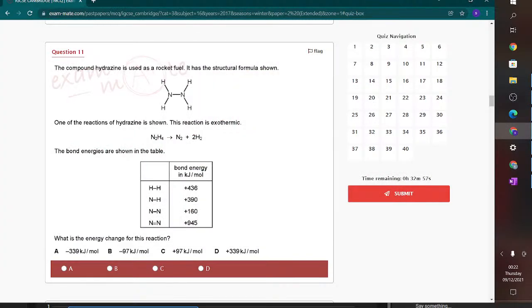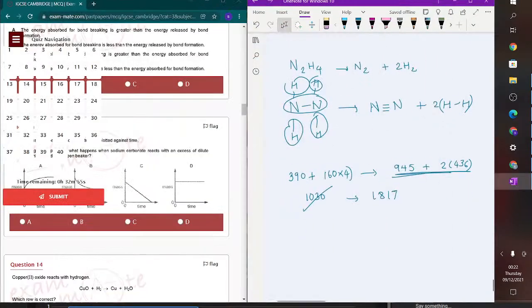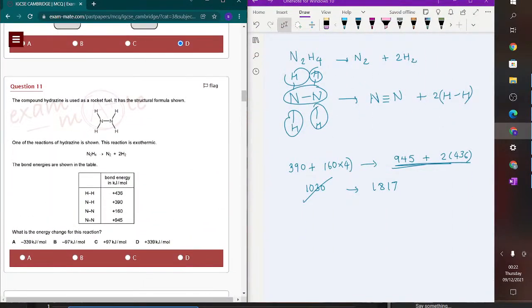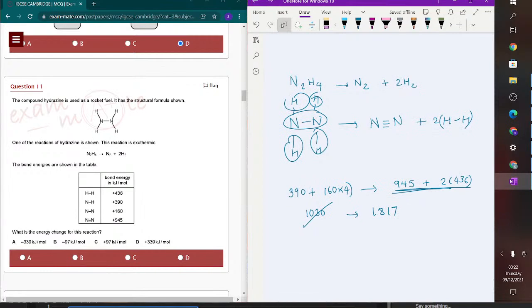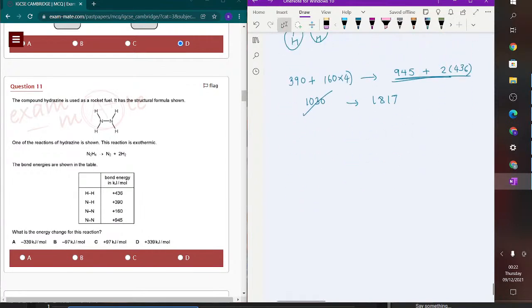So let's try it again. Start from scratch. They have given us the structural formula of N2H4. N and N is 160, and N–H.